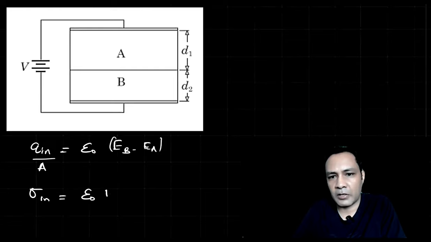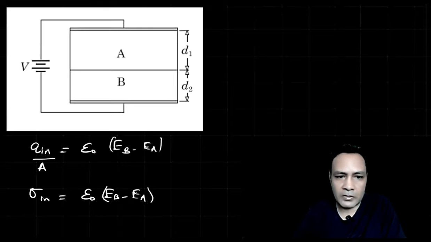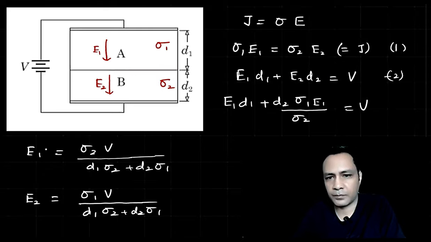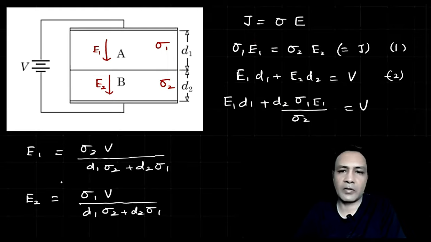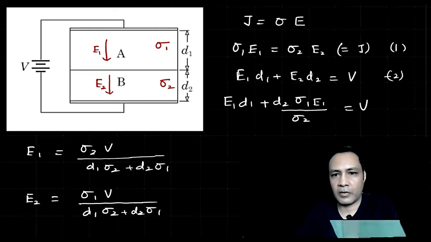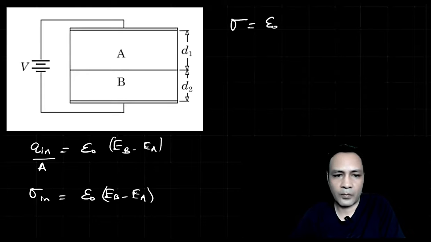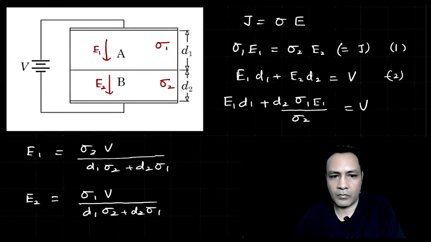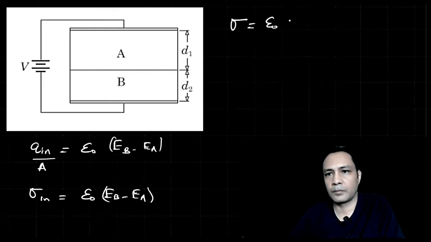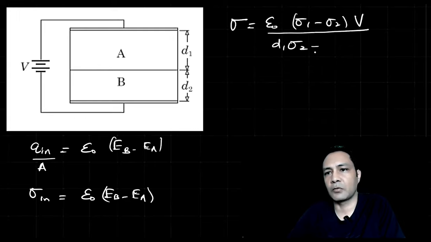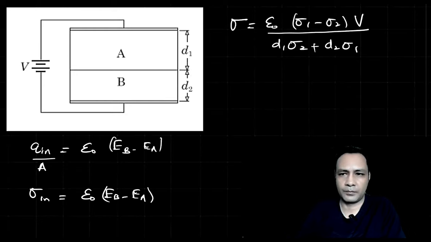So epsilon naught times EB minus EA, and here I had written E2 and E1. So E2 minus E1 is EB minus EA, which is sigma 1 minus sigma 2 times V divided by that whole thing. So sigma is equal to epsilon naught, sigma 1 minus sigma 2, V divided by D1 sigma 2 plus D2 sigma 1.